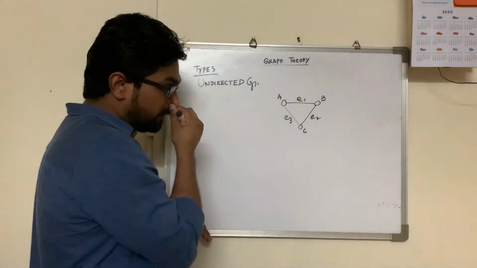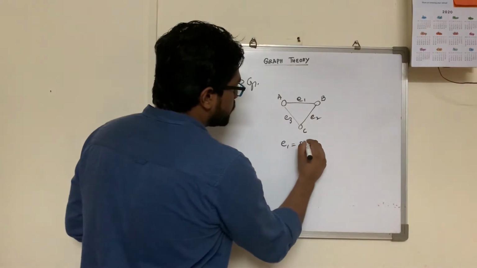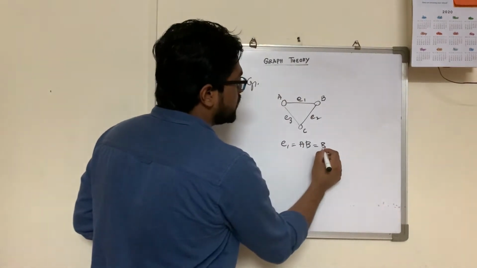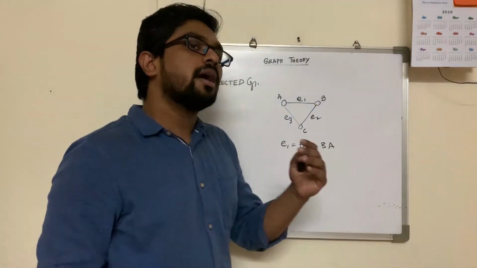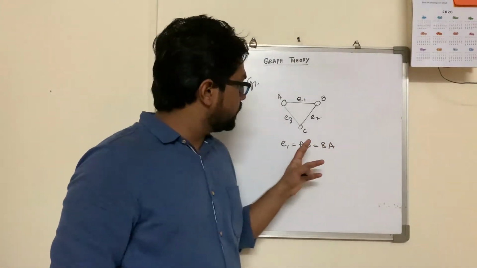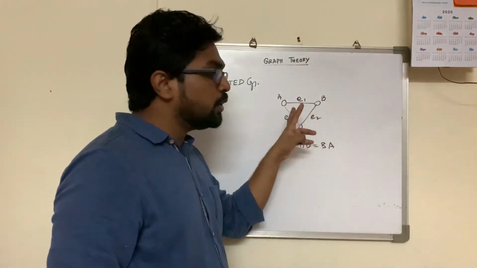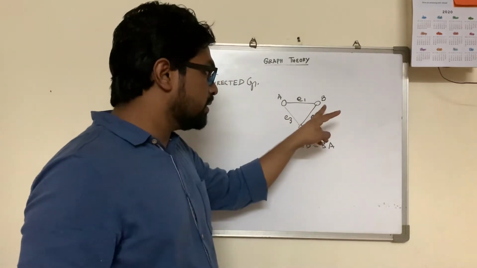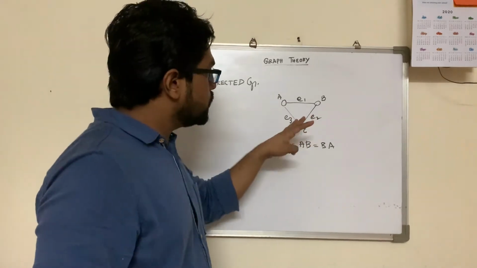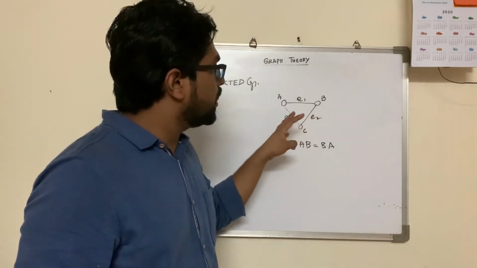Now, if I ask you, is E1 equal to AB? Yes, and it's similarly equal to BA. So if I ask what is the shortest path from A to B, obviously that will be E1. What is the shortest path from B to A? Again E1. There is another path, E2, E3, but this is the shortest one. This is happening because the edges don't have a direction.